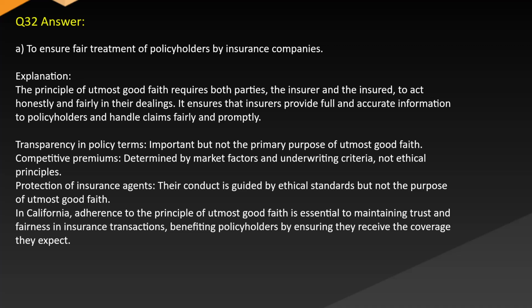Competitive premiums, determined by market factors and underwriting criteria, not ethical principles. Protection of insurance agents, their conduct is guided by ethical standards but is not the purpose of utmost good faith. In California, adherence to the principle of utmost good faith is essential to maintaining trust and fairness in insurance transactions, benefiting policyholders by ensuring they receive the coverage they expect.